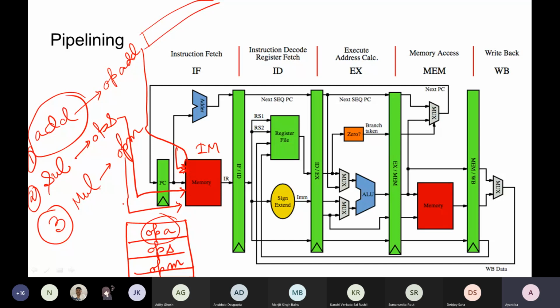Okay. Let's say at first it is pointing to this memory address. In this memory, we have the opcode instruction code for this addition. Addition means what? It is holding what to do. That means it looks like this.